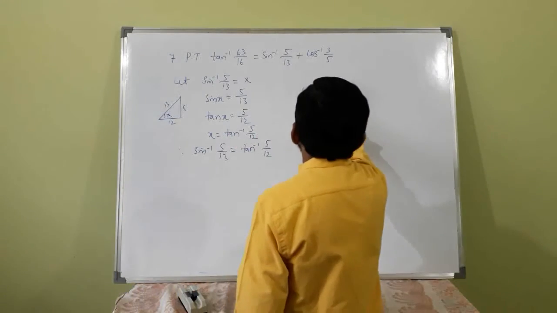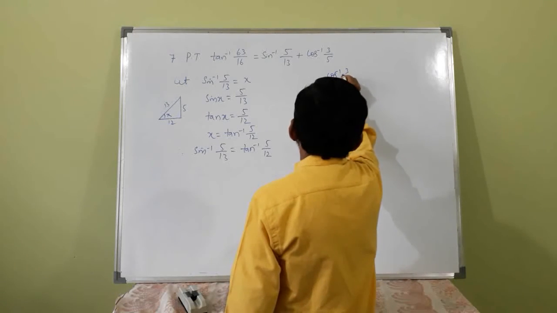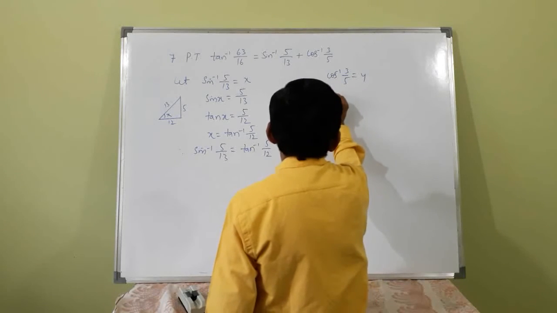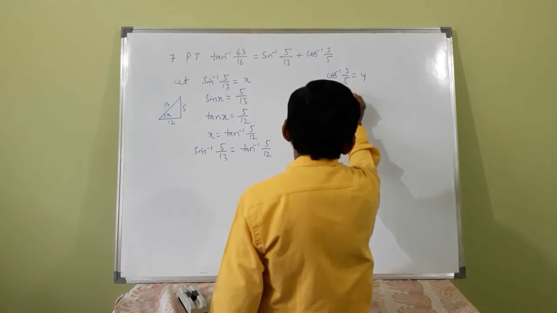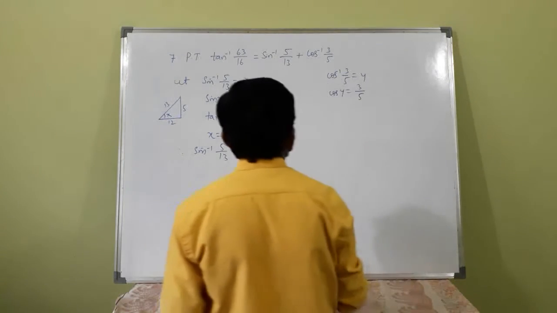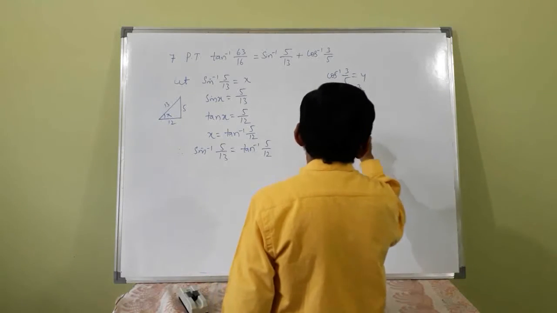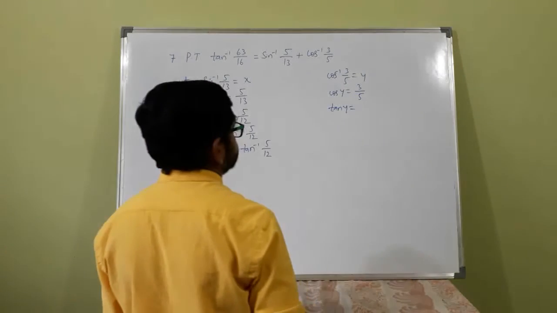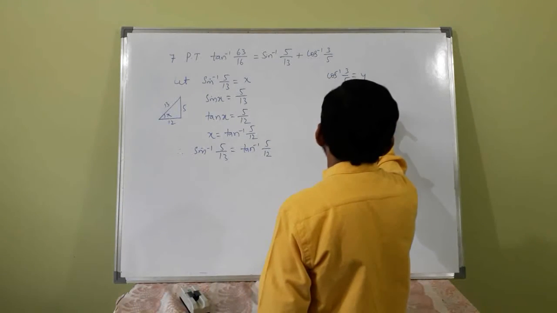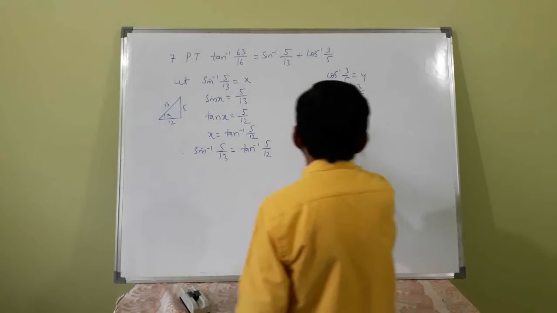Next, cos inverse. Cos inverse of 3 by 5 is y. Then cos y is equal to 3 by 5. If cos y is 3 by 5, tan y should be what? 4 by 3, isn't it?